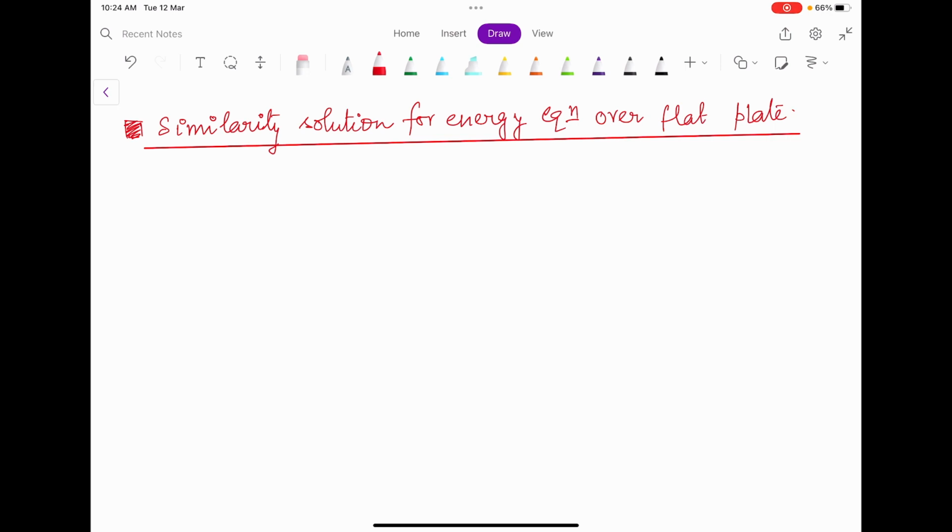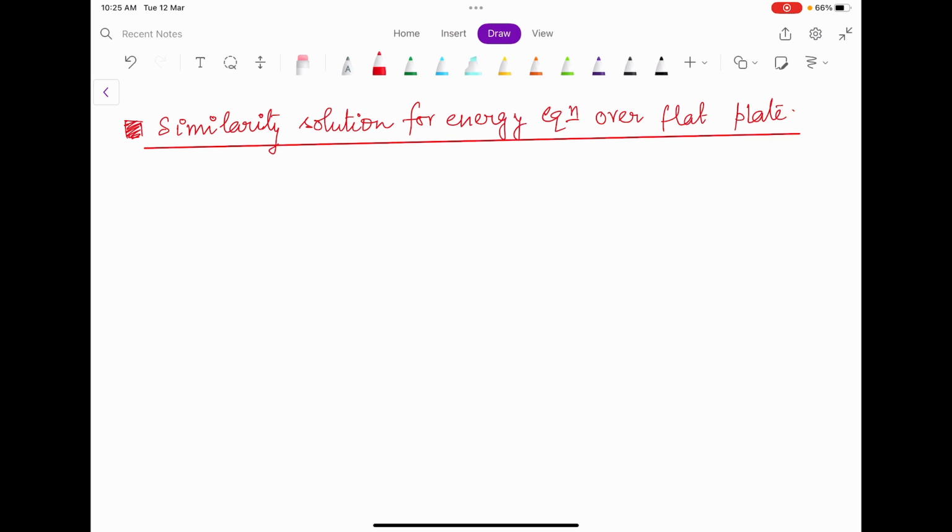That is the similarity solution. And mathematically, if I can define a similarity variable for which the problem becomes from a PDE to an ODE, then I know that my similarity solution exists. All these things I have explained in the similarity solution for the momentum equation. If you have forgotten, then I would suggest you go through that again.